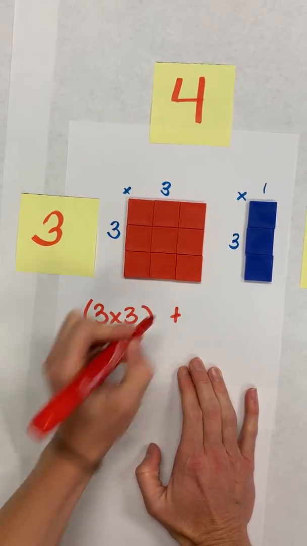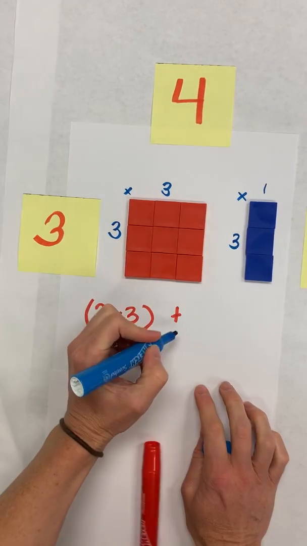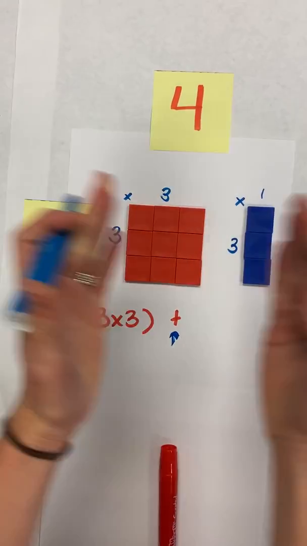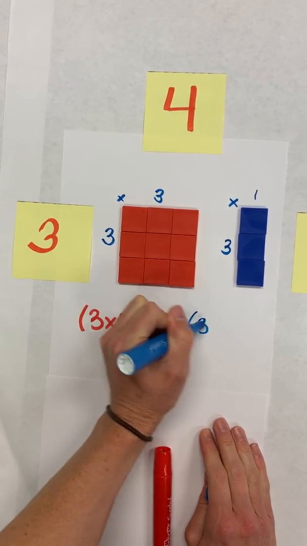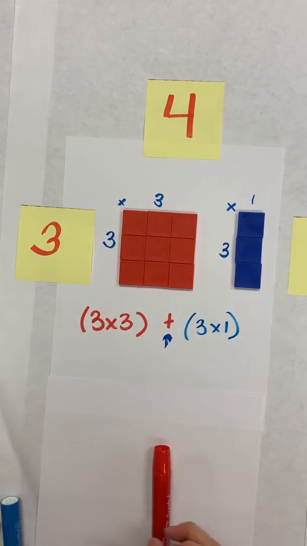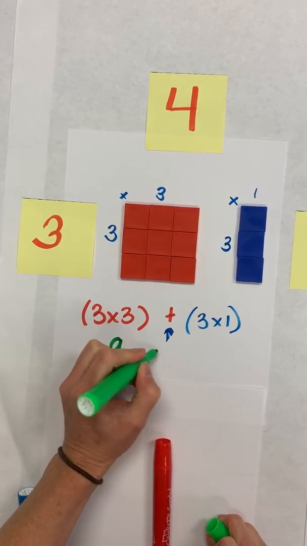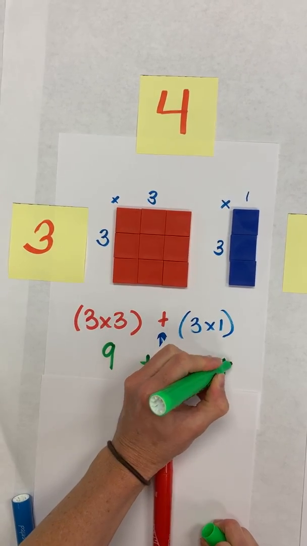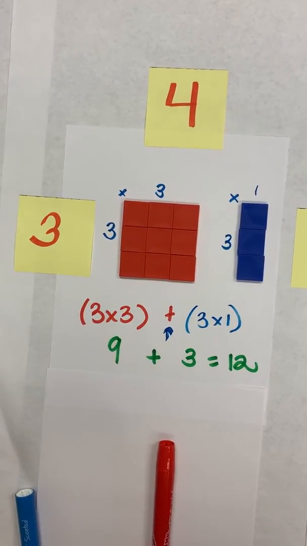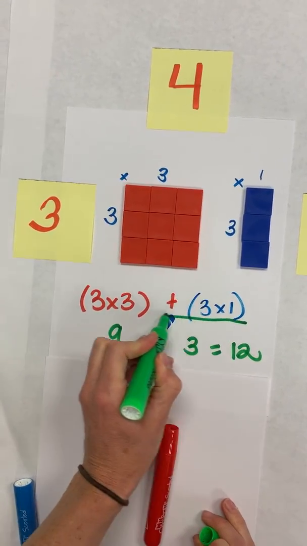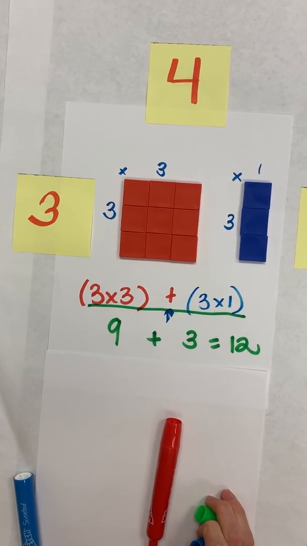And I'm connecting that, or adding it, that's why this would not be multiplication, I'm combining it, to a 3 by 1, which shows me 9 square units plus 3 square units gets 12 square units. So right here you have part of the distributive property.